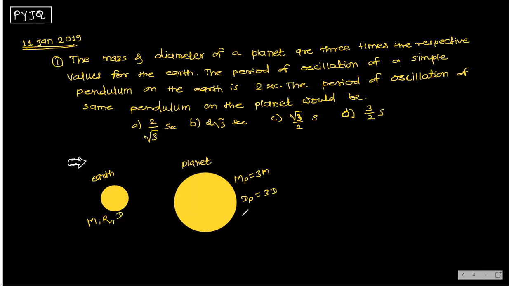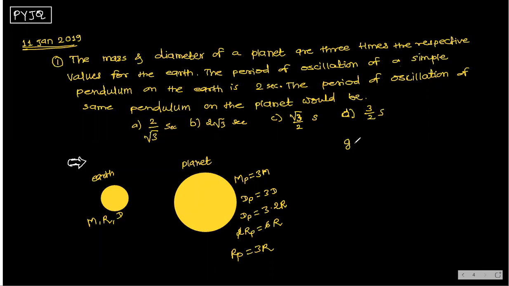So dp is equal to 3 into d. This d means 2r, 2 times radius of Earth. And therefore here also 2 times radius of planet is equal to 6r. So this 2 and this 2 will get cancelled. So directly you are getting rp is equal to 3 times radius of Earth.